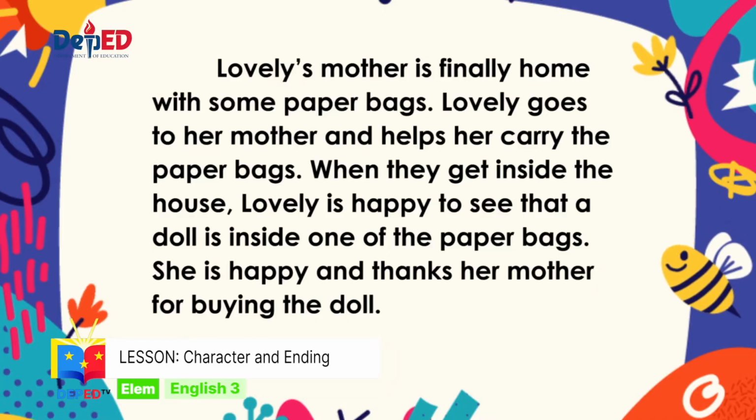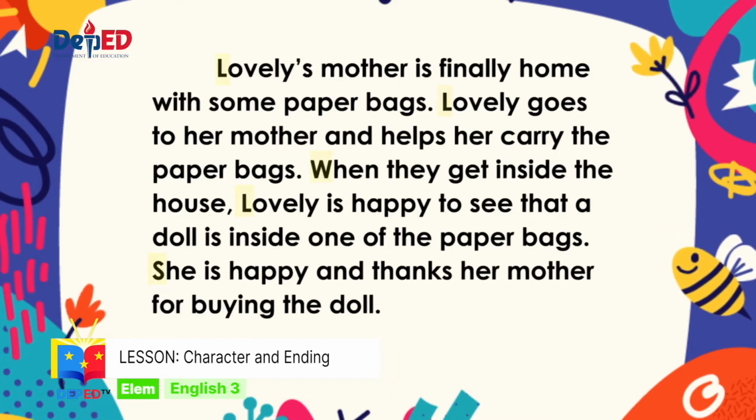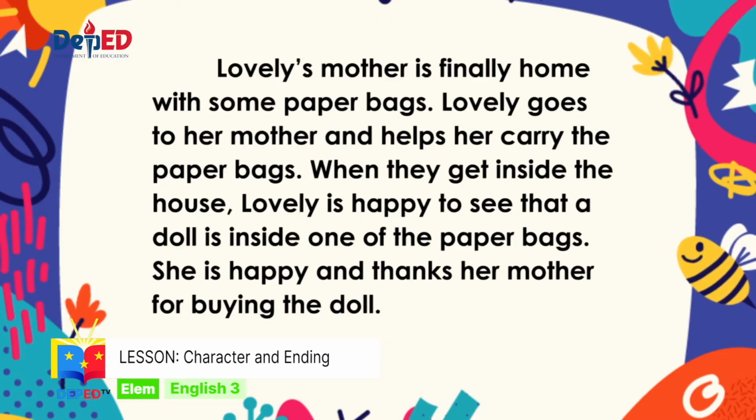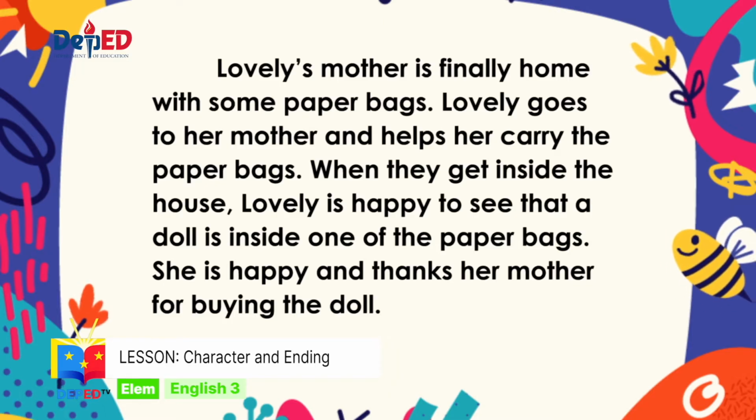Tip number 2. Use capital letters at the beginning of every sentence. Are we using capital letters? Great! Tip number 3. Use periods or punctuation marks at the end of the sentence. Do you see periods? Great job!